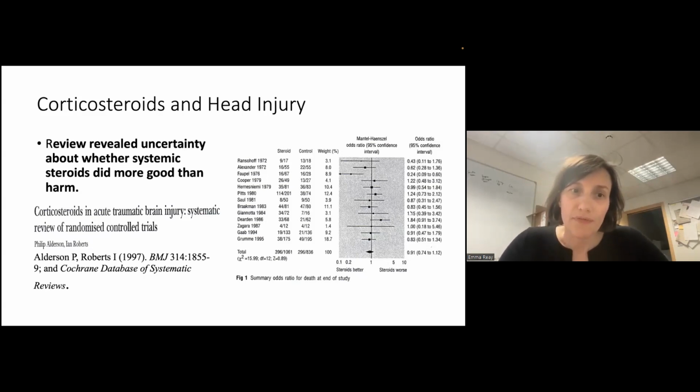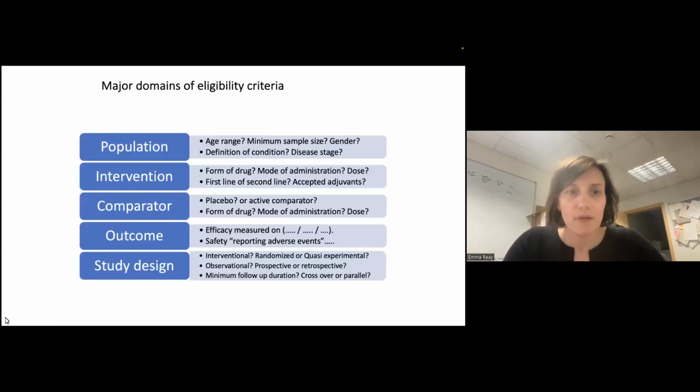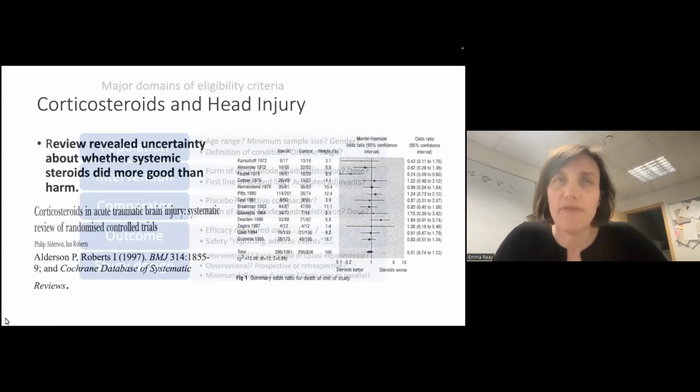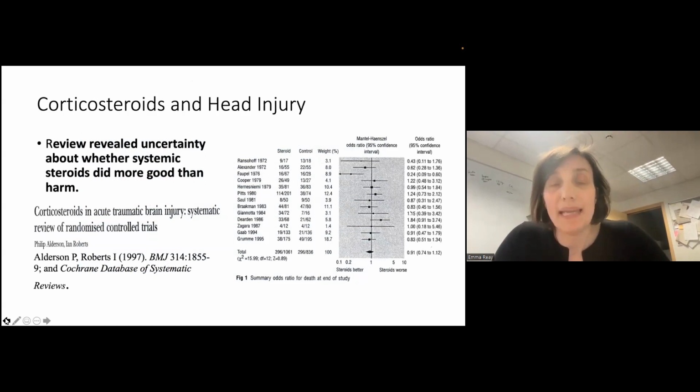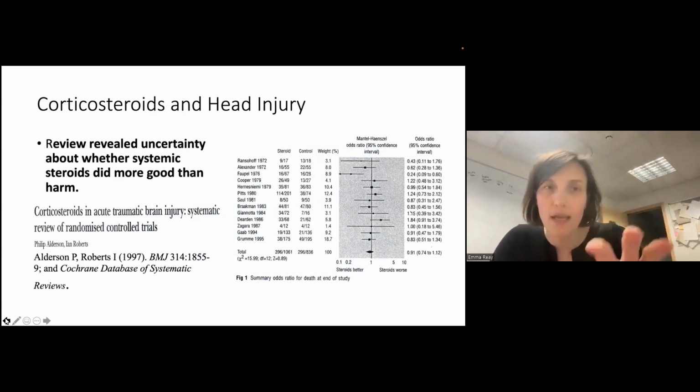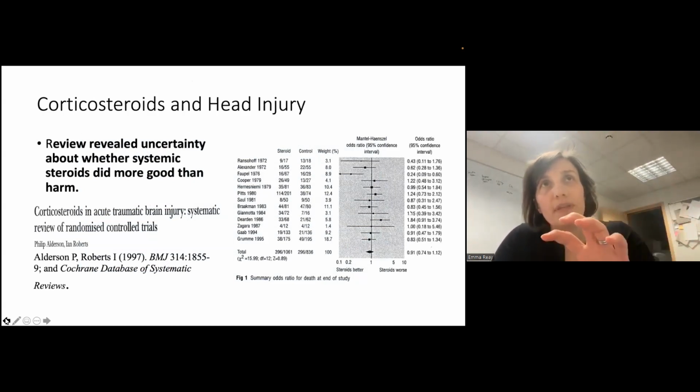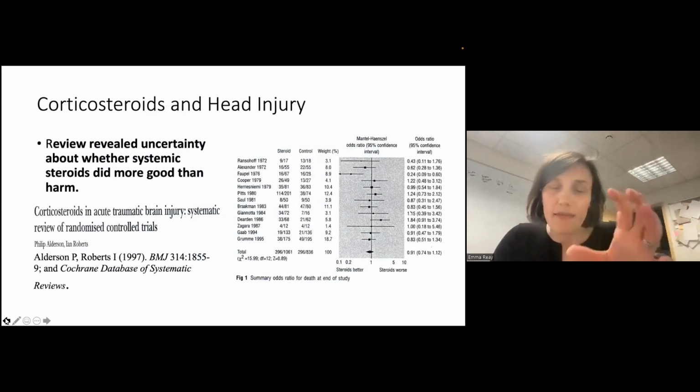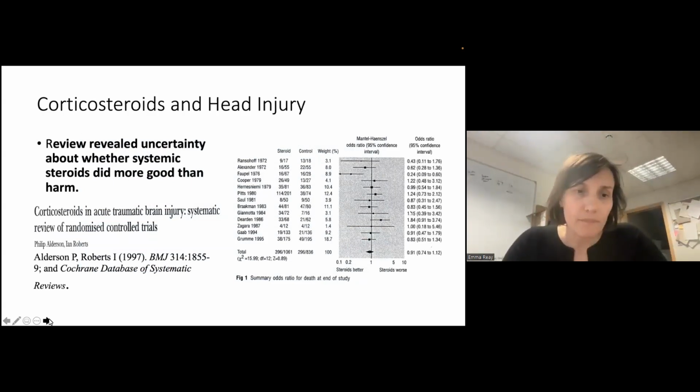And it was found that corticosteroids in head injury were actually found to be detrimental. So the randomized controlled trial that came off the back of this systematic review proved, in fact, in the Lancet, that corticosteroids were detrimental in head injury.